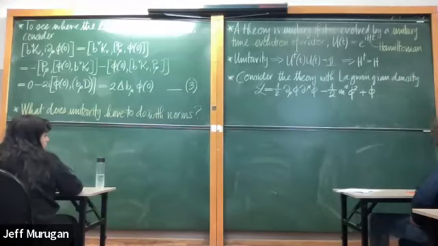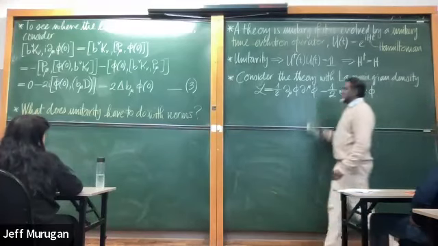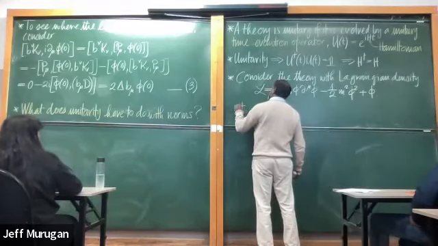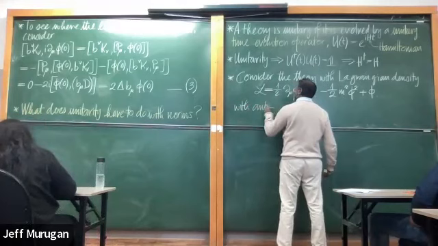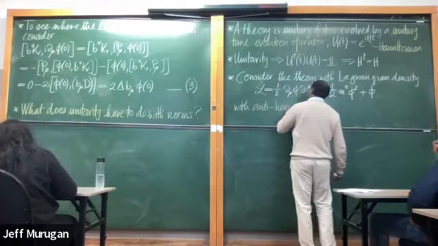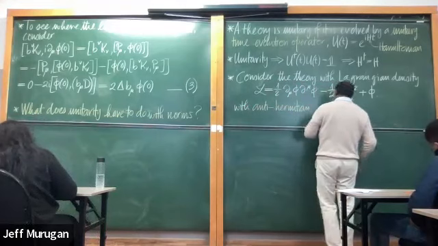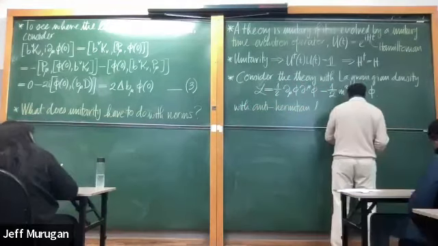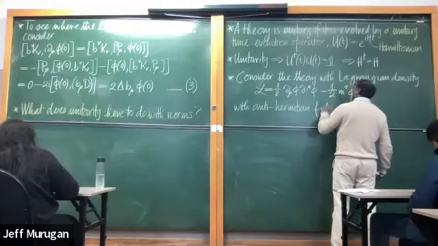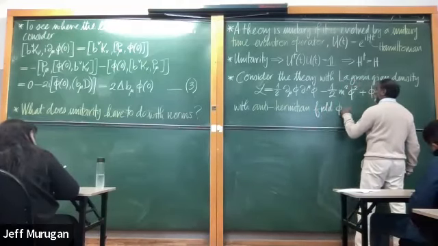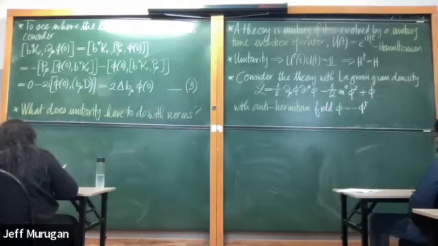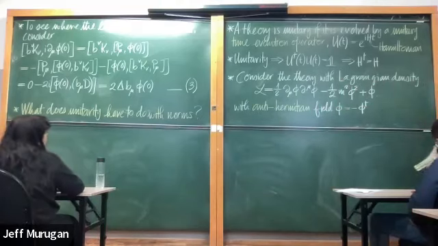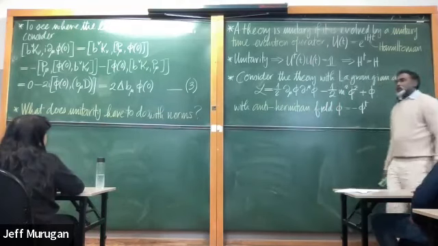But I'm going to impose that this field phi is anti-Hermitian, which means that if I take the dagger of phi, it's actually minus phi instead of phi. All right.